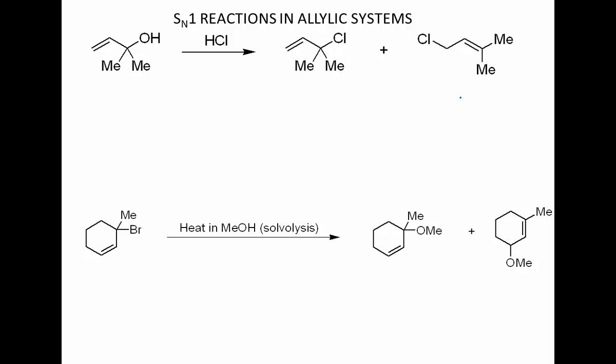Okay, first we're going to look at things that aren't dienes at all. SN1 reactions in allylic systems. Okay, so when we do an SN1 type reaction in an allylic system, what we see is some unusual features. You may recall this reaction right here from chapter 4, right?